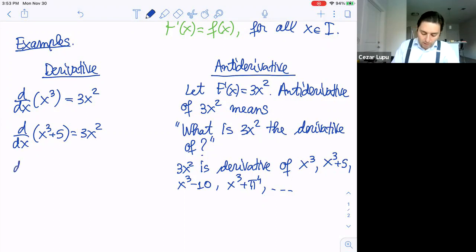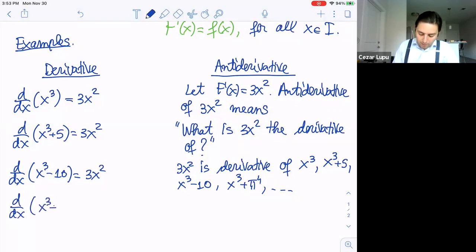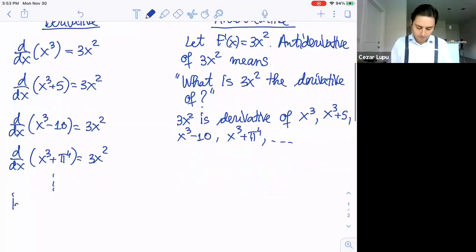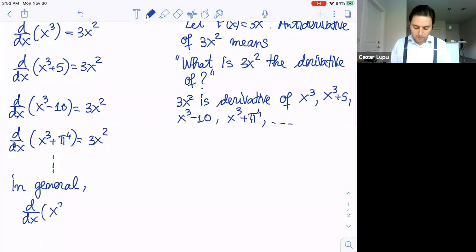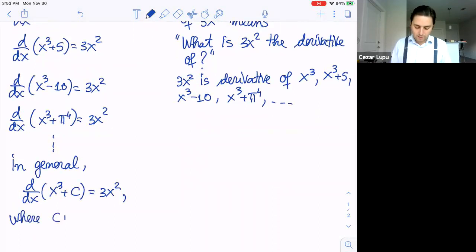And in the same way, we can say that the derivative of x cubed minus 10 is 3x squared, or that the derivative of x cubed plus pi to the 4th is 3x squared, and so on. So in general, the derivative with respect to x of x cubed plus a constant is nothing else than just 3x squared, where c is any constant.